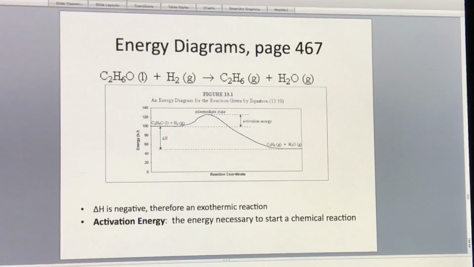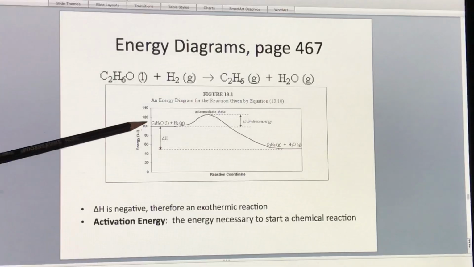So in this particular reaction, we have the ethanol reacting with hydrogen gas, and then our products are the ethane, C2H6, plus the H2O.